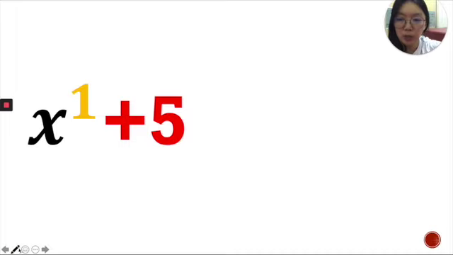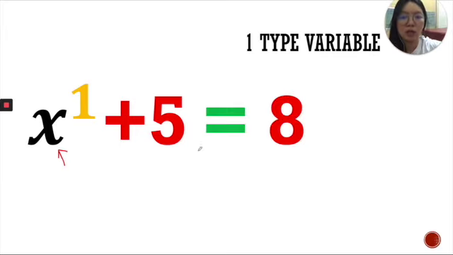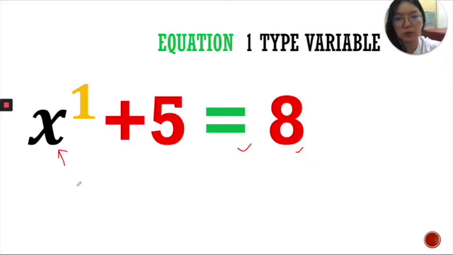Last chapter we learned that this is called an algebraic expression. Why? Because there is a variable here. This is called one type of variable because there is only x here, only one type. This chapter we'll learn about equation. I'll add on equals to 8. So the whole thing now becomes an equation.